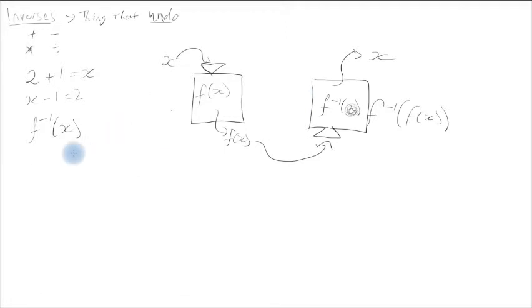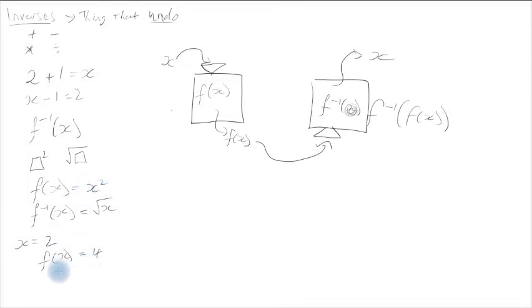Okay, so let's do another example. You know that squaring something, the opposite of that is the square root of the same something. So if f of x equals x squared, then the inverse function is going to be the square root of x. Here's an example. Let's suppose that x is equal to 2. Then f of x is equal to 4 because it's 2 squared.